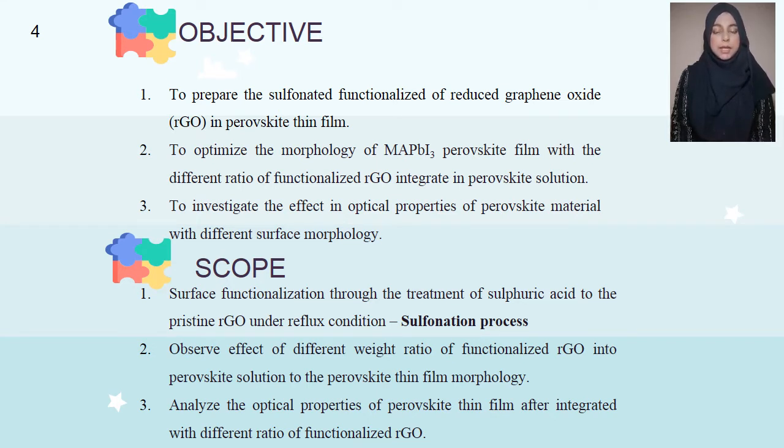Number 2 is to observe the effect of different weight ratios of functionalized reduced graphene oxide in the perovskite solution on the perovskite thin film morphology. The last one is to analyze the optical properties of the perovskite thin film after integration with different ratios of functionalized reduced graphene oxide.